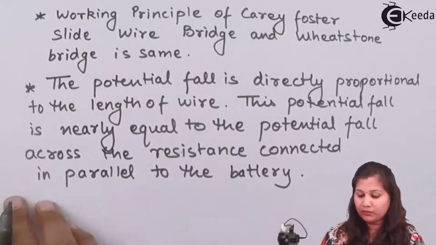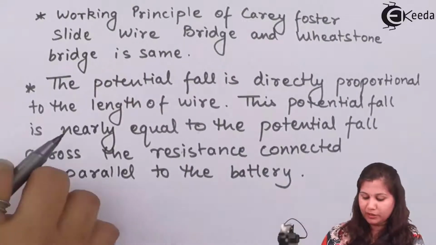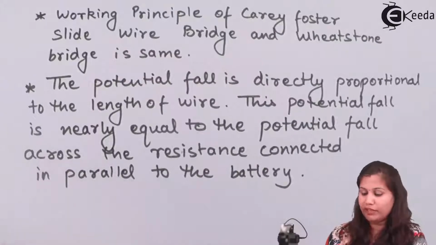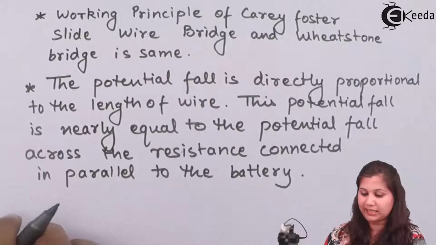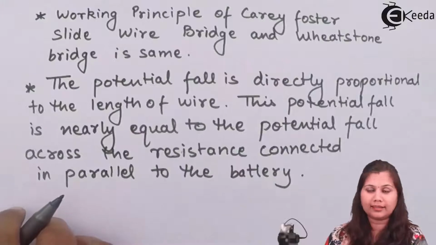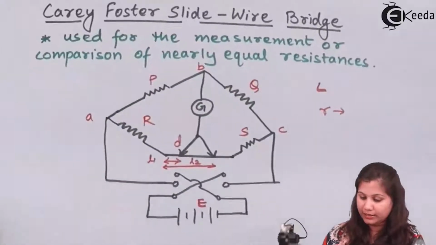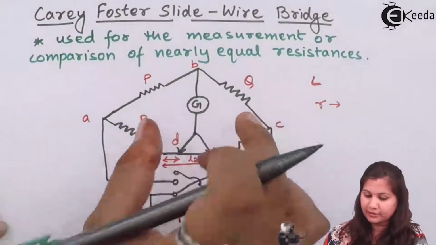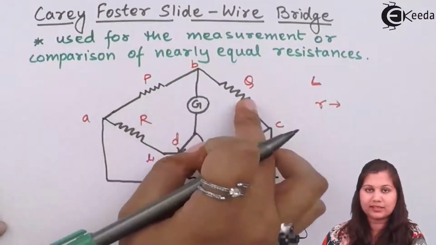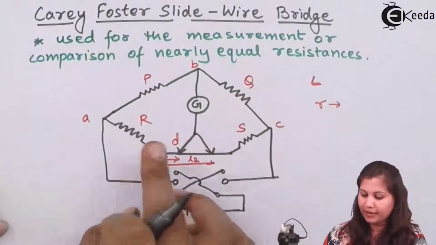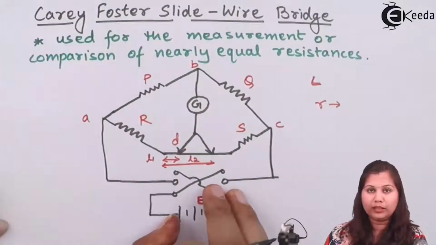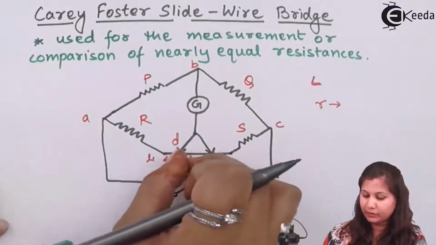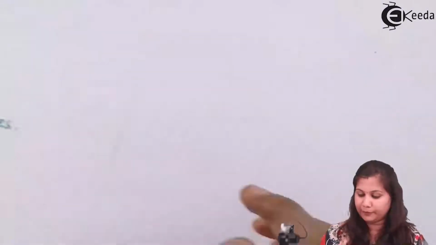Here in this Carey-Foster slide wire bridge, we have a slide wire of length L, and this slide wire is connected between R and S. In the bridge circuit you can see that P and Q are adjusted such that the ratio of the resistances P and Q and R and S is nearly equal, and this is achieved by sliding the contact on the slide wire.